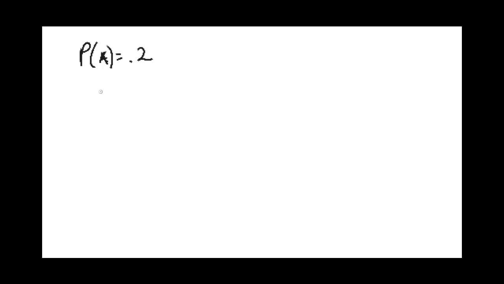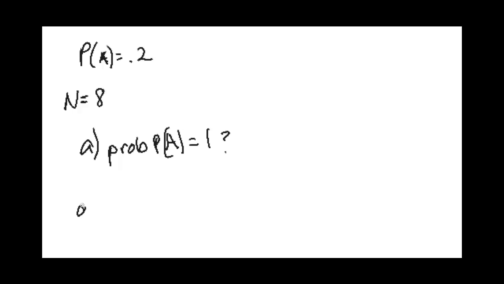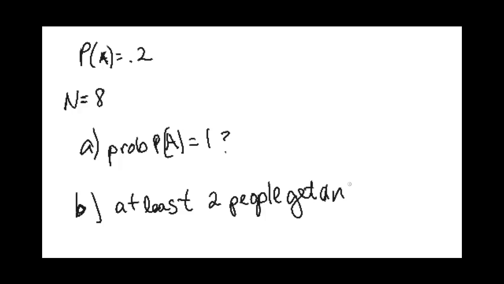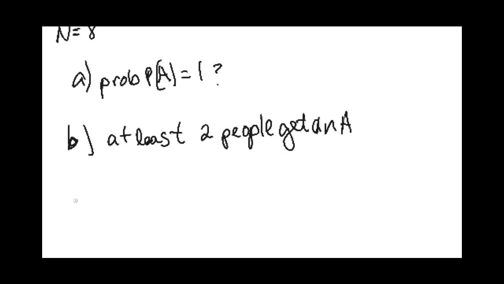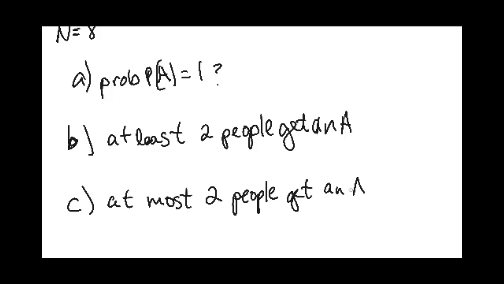And let's say that there's 8 people in your study group, and you want to know what is the probability that one person gets an A. And then let's look at the probability that at least one person gets an A. Actually, let's do 2 people get an A. And then let's look at finally the probability that at most 2 people get an A. Alright, so I'm going to do it first with the formulas and then with the tables, okay?